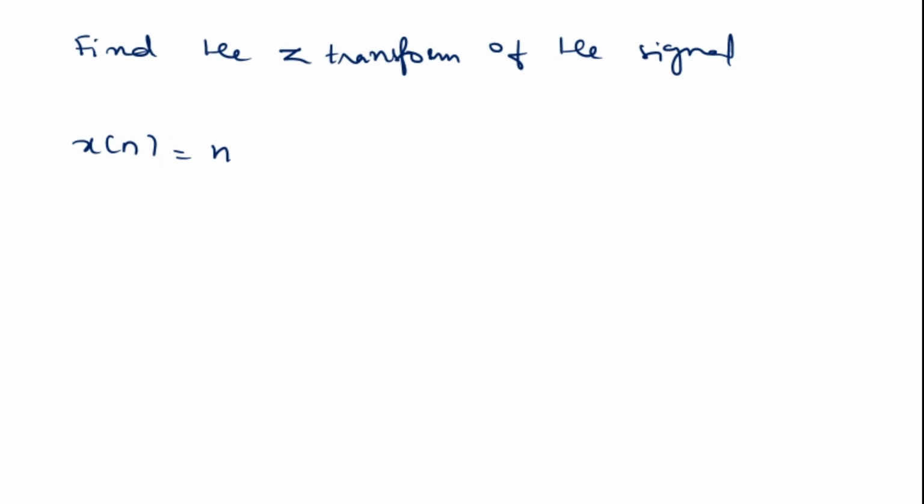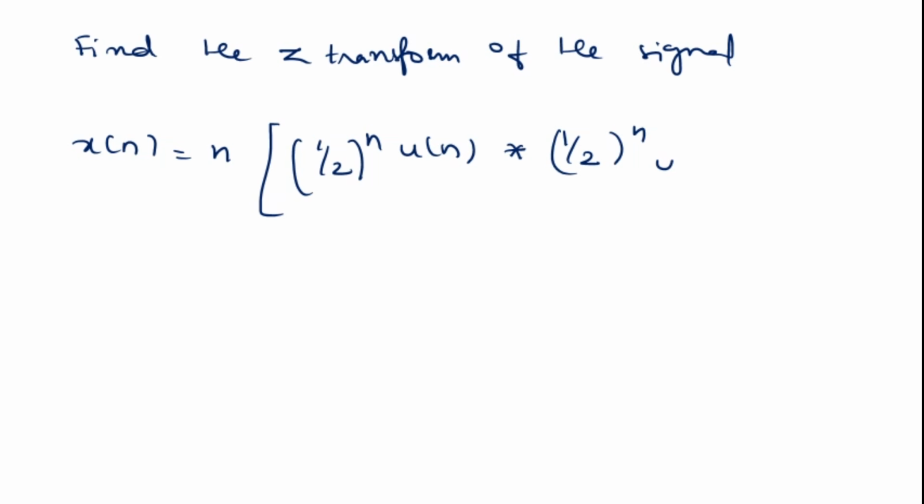Find the z transform of the signal x of n is equal to n into half to the power n into u of n convolved with half to the power n into u of n.